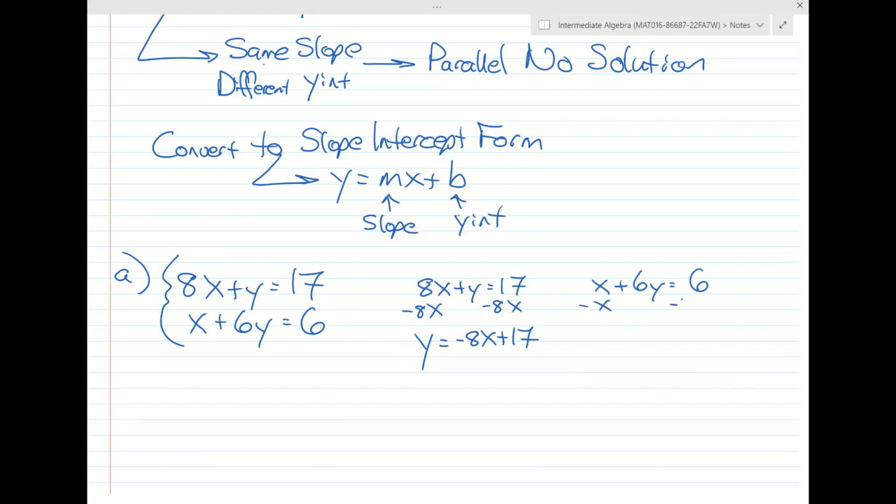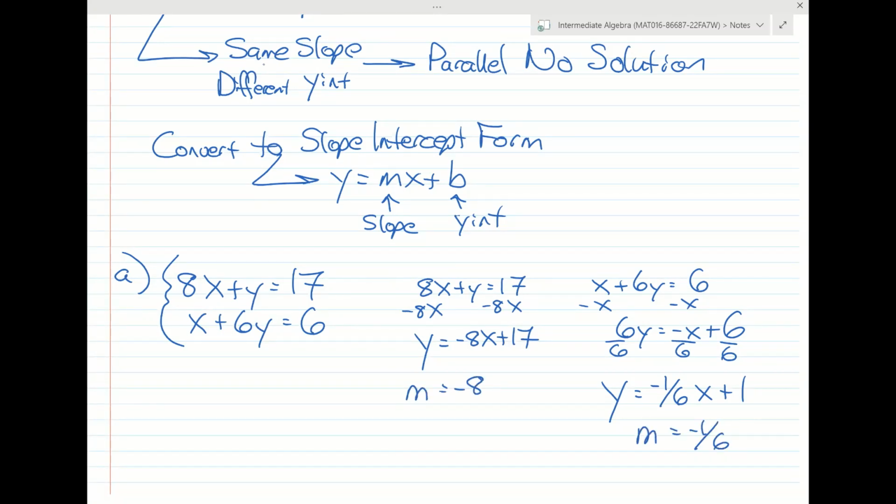First thing we have to do is get rid of the x and divide by 6. You get y is equal to negative 1/6 x plus 1. So it looks like the slopes are different. So it's just 1 point. We don't have to graph it. As long as the slopes are different, they intersect at 1 point.